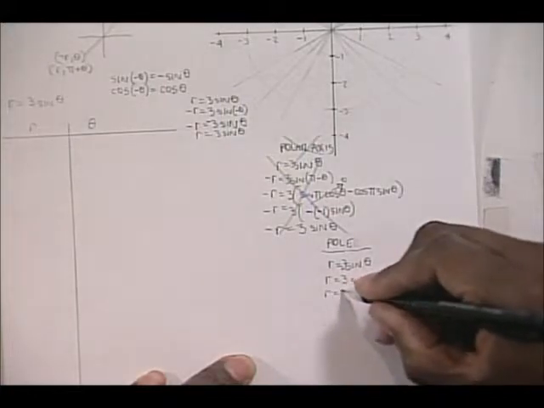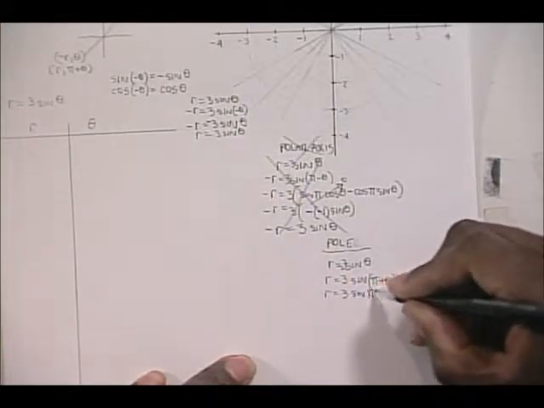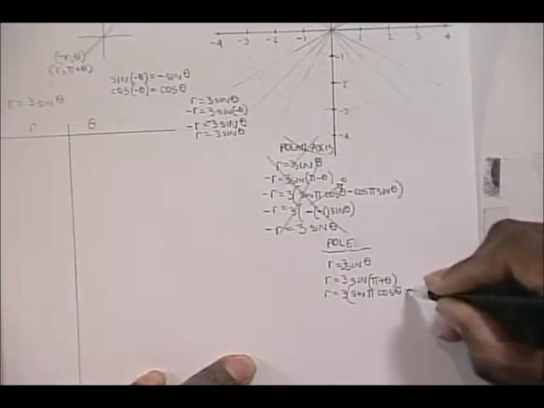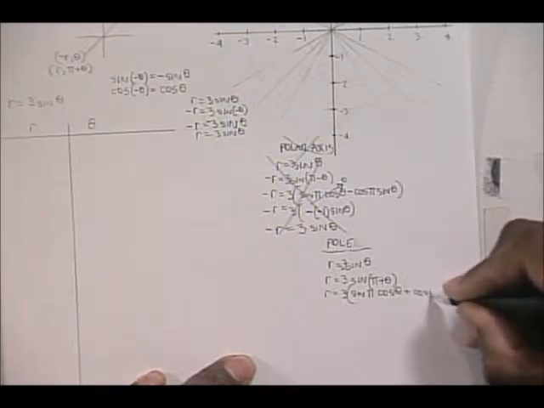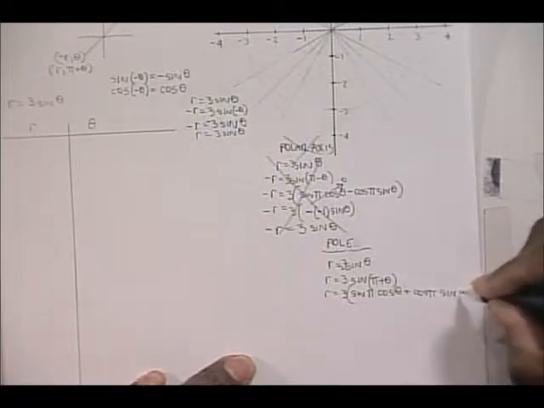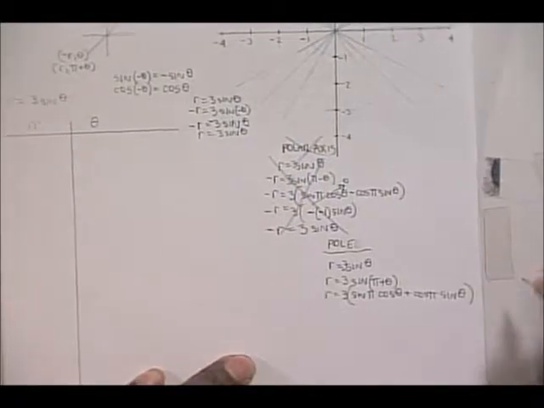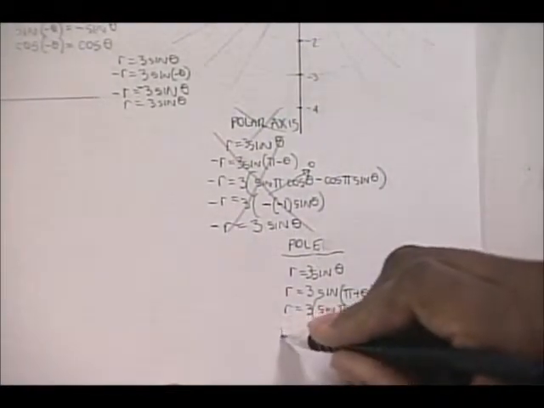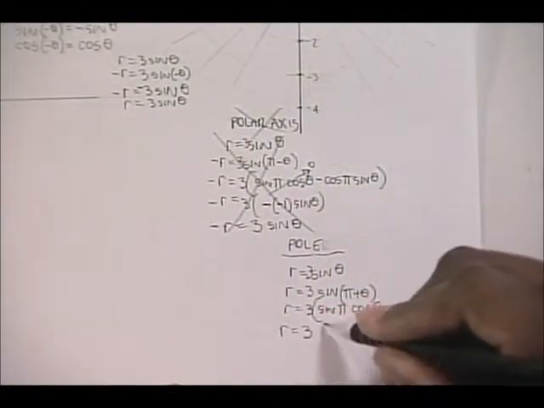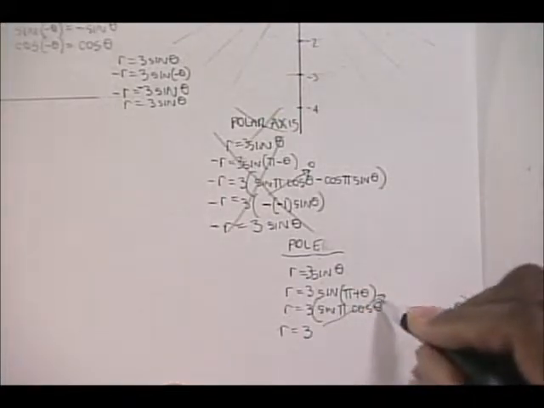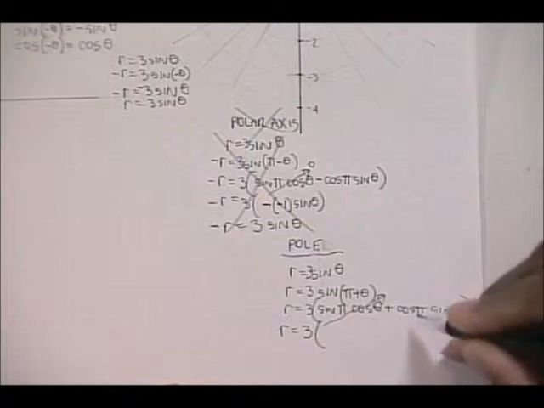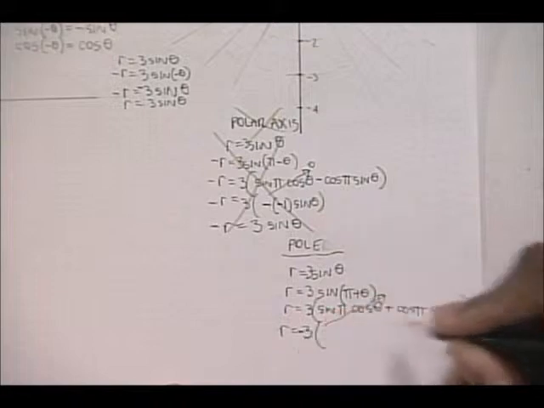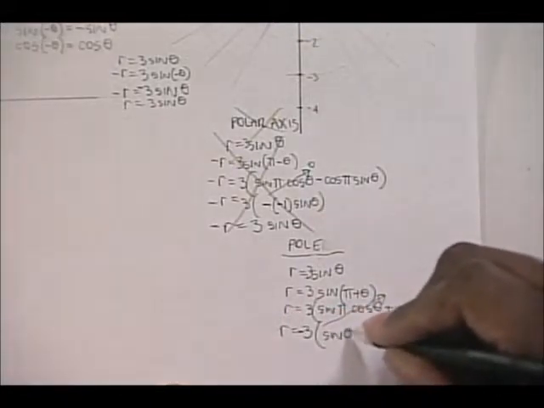So we get r is equal to 3 sin π cos θ plus cos π sin θ. Hopefully that zoom helps. And then what we end up with, r is equal to 3 sin π again. That's 0, so that cancels all that out. And we end up with cos π, which is negative 1, and you end up with negative sin θ.